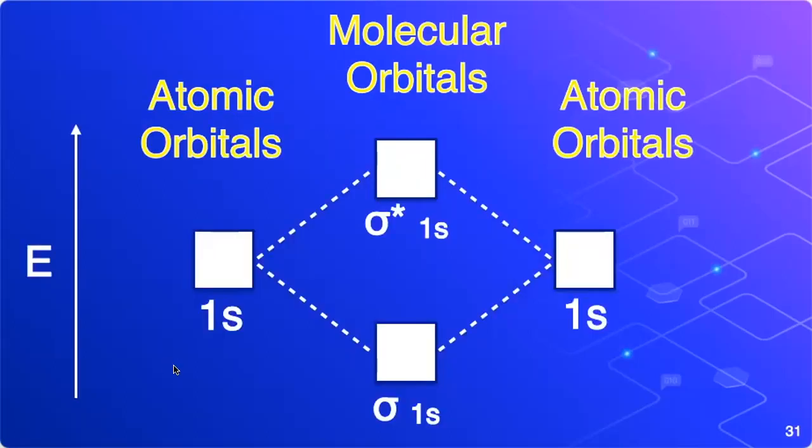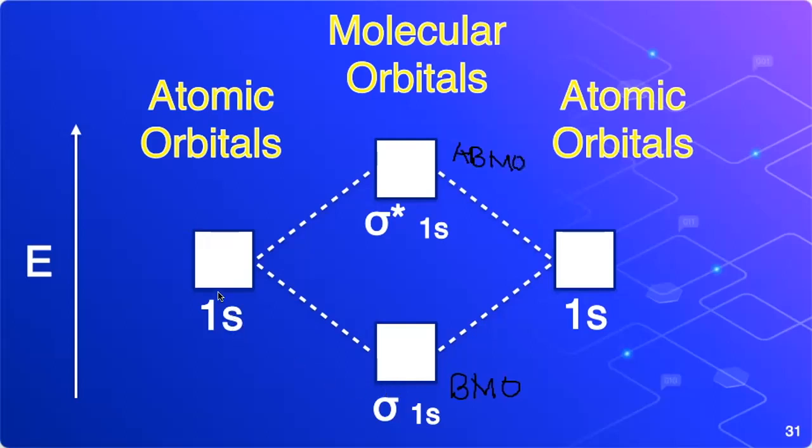As we said earlier in the main points of the molecular orbital theory, the sigma or the bonding molecular orbital, the BMO, has lower energy than the ABMO or the antibonding molecular orbital.